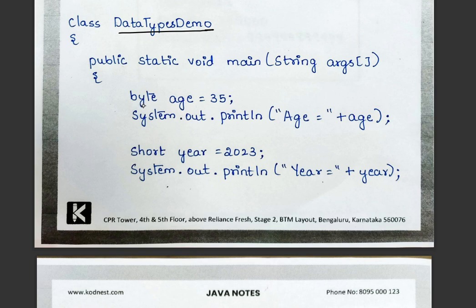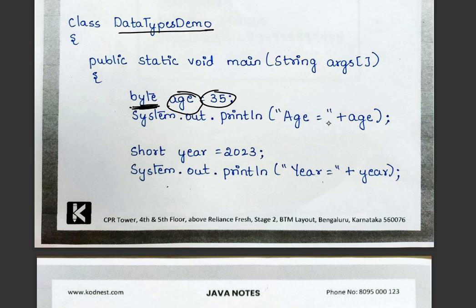Here we see byte age equals 35. This only occupies small memory, so we use byte. We need to specify byte before the variable so that the computer can understand it.